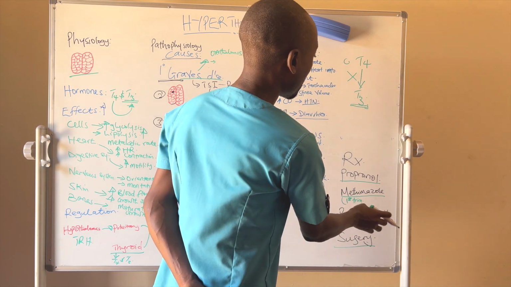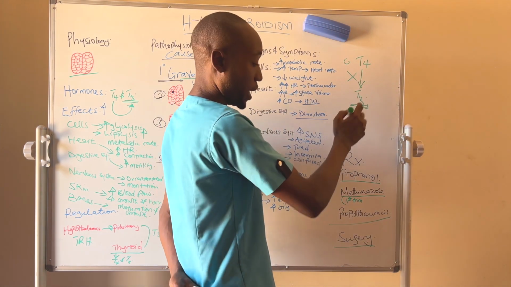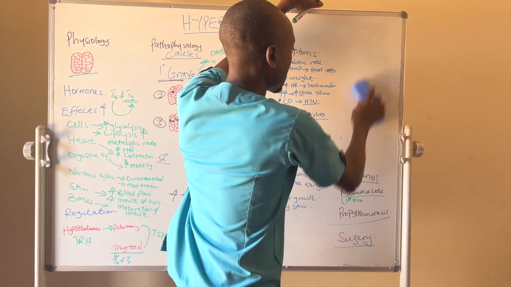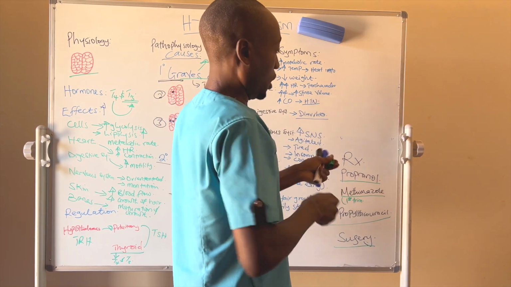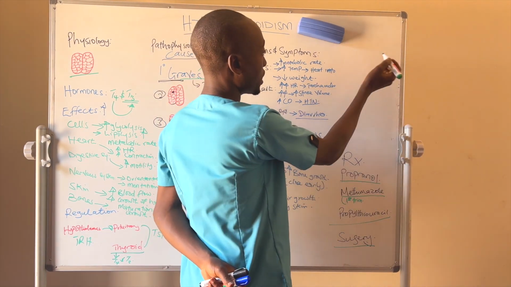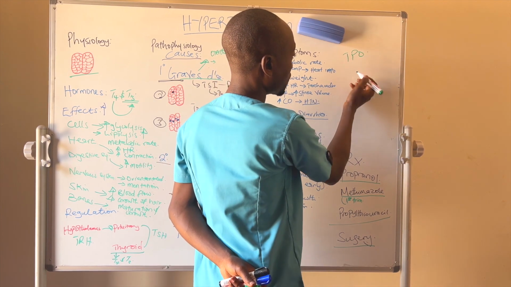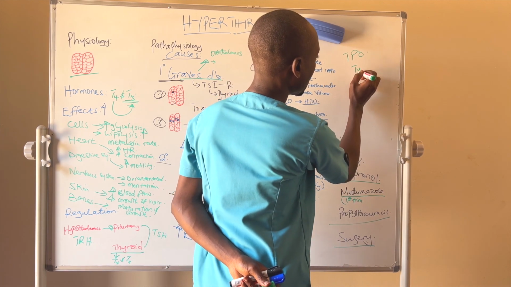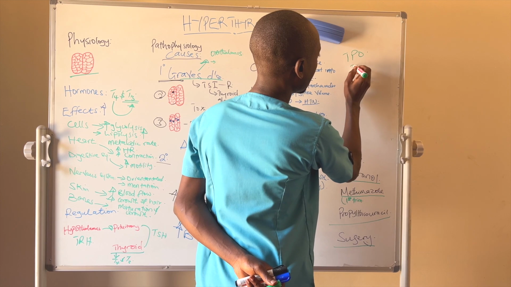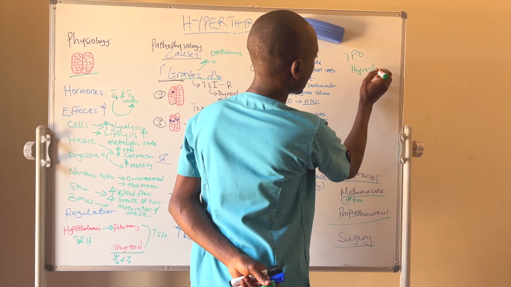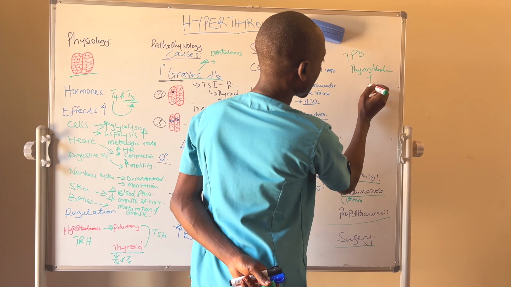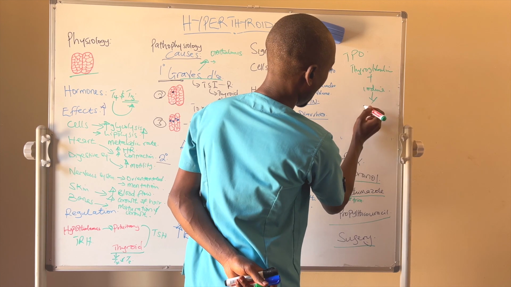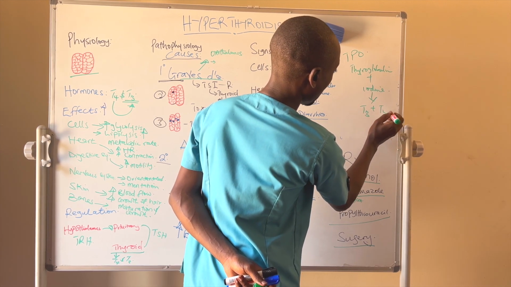Propylthiouracil works in the same way, but in addition to that, during the production of these hormones there is an enzyme that we call TPO that helps in adding thyroglobulin plus iodine, so that you can have your hormones T3 and T4.